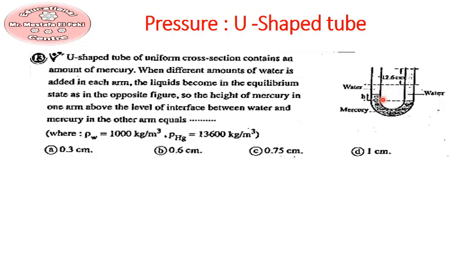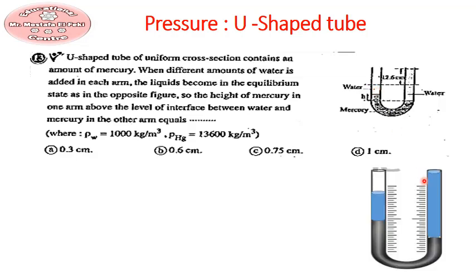At the other arm, this is the height of mercury H, and this is the height of water. Let's compare between the two heights. This is the height above the water surface. This is the separating surface. From this separating surface, rho mercury, this is the height.